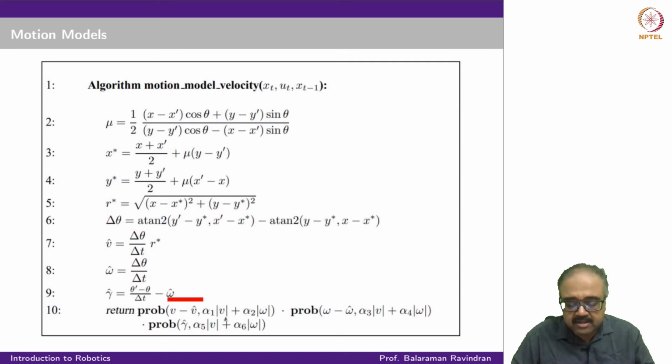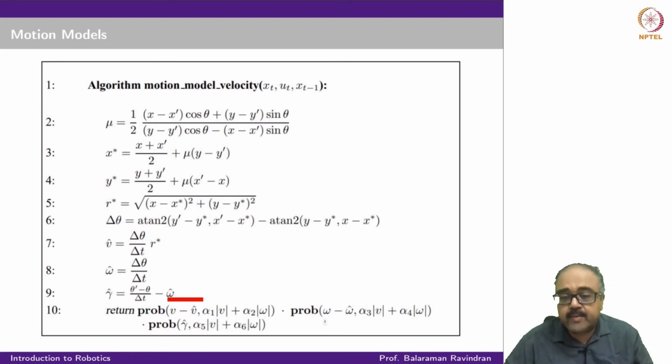And so alpha 1 and alpha 2, in fact all the alphas, tend to be small positive quantities, so that they model the influence of the velocity on the errors. So the first term gives you the probability of v minus v hat occurring. We have already computed v hat, and we know what v is, that is given to you. So what is the probability that you will see that difference?